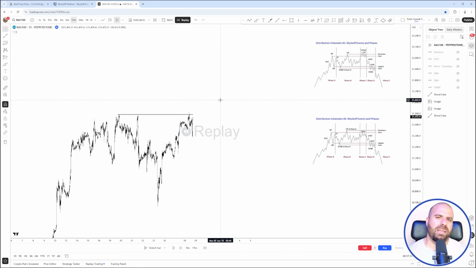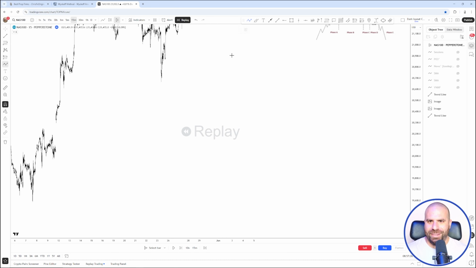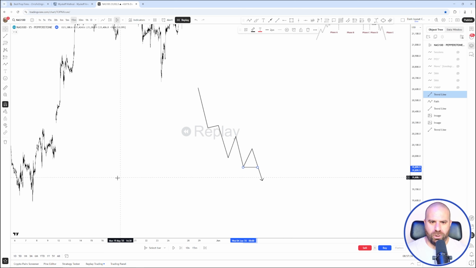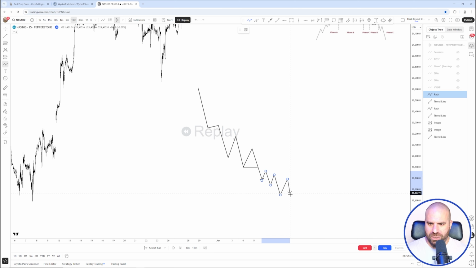The opposite would be WYCKOFF accumulation. If we had the opposite situation, which we're going to show afterwards, you would be looking to find some form of liquidity, FVG of the daily, or order block, and you would be seeking to see some WYCKOFF accumulation in order to buy.